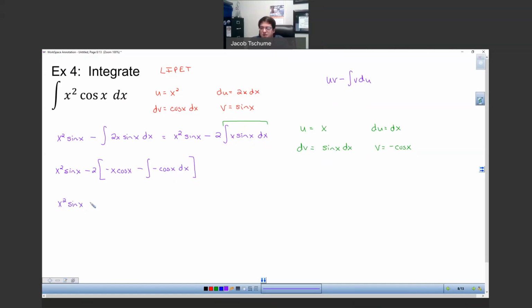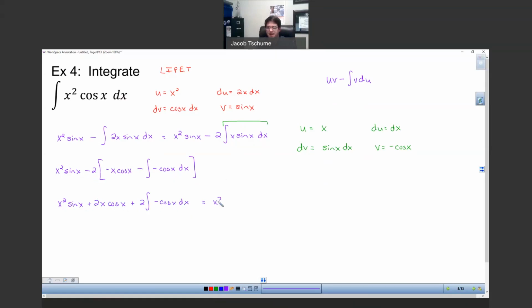So x squared sine of x, and if I multiply the negative 2 through, it would be a plus 2x cosine of x. All right, and then you would have a plus 2 times the integral of negative cosine x dx. All right, so now you can integrate negative cosine.